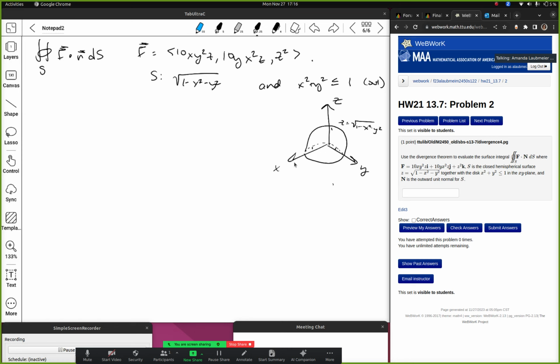By itself, z equal root 1 minus x squared minus y squared would be an open surface. It's kind of like an upturned bowl. But we combine it with x squared plus y squared less than or equal to 1, which is this shape down here. I don't know how to make that go away. Well, there.